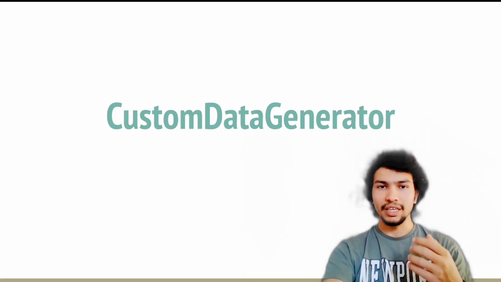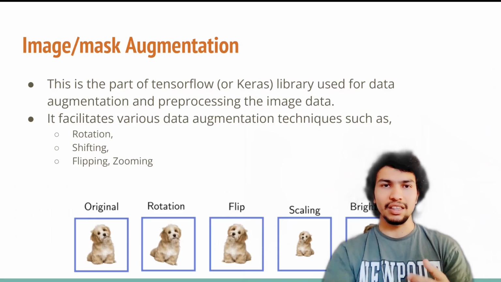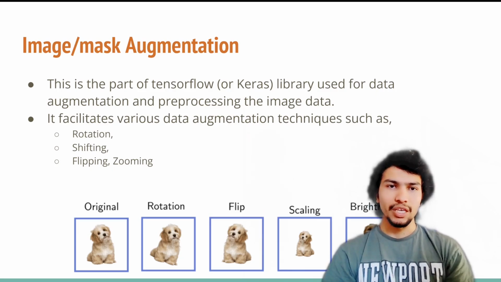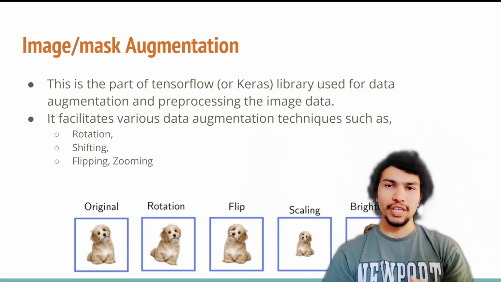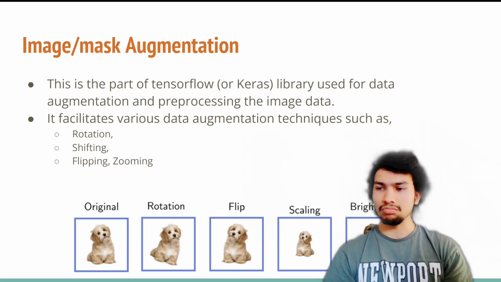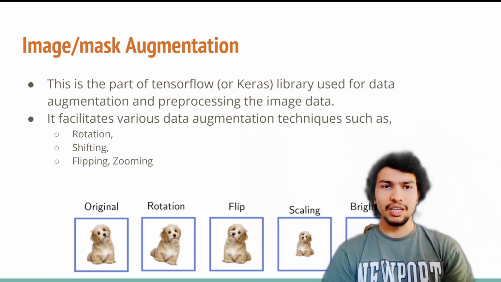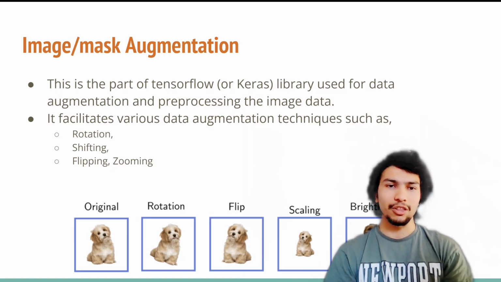The thing about that is it's very helpful during the image and mask augmentation. Of course, I'm going to use the ImageDataGenerator function from the TensorFlow library, which is used to augment and preprocess the image, as I said, with data normalization and standardization techniques. It facilitates various data augmentation techniques such as rotating, shifting, flipping, and zooming.